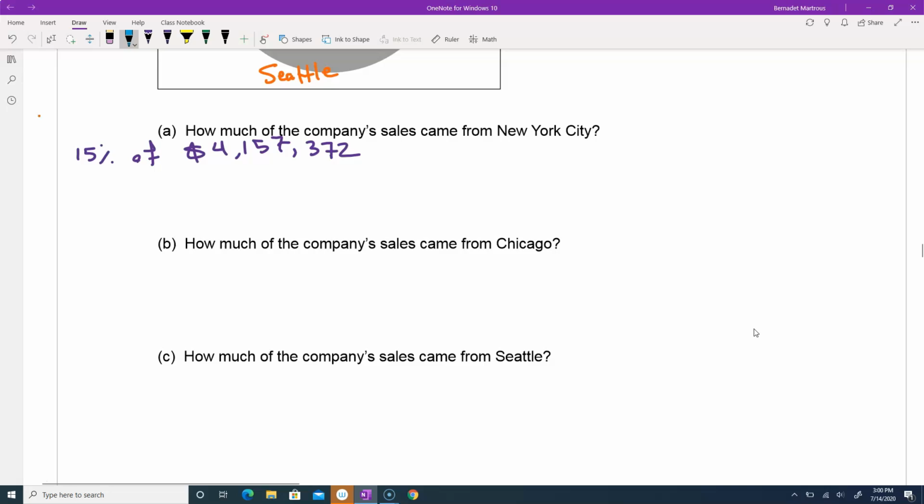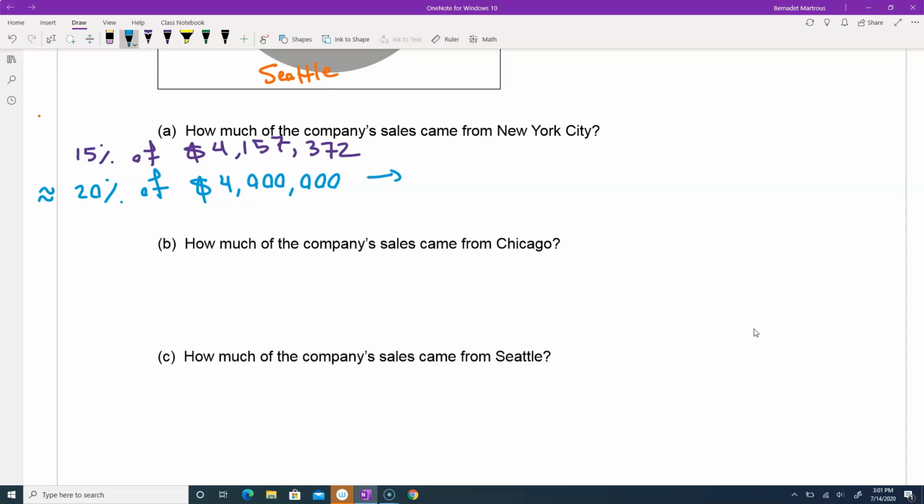For the reason of rounding these two numbers, I'm using front end rounding. This is 20%. I'm using front end rounding, so this is $4 million.